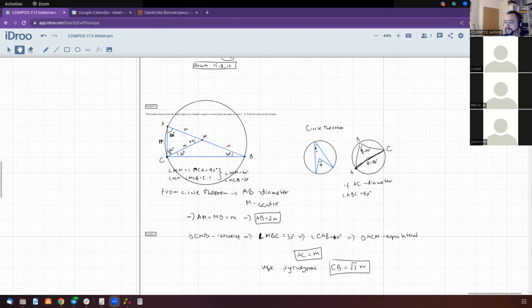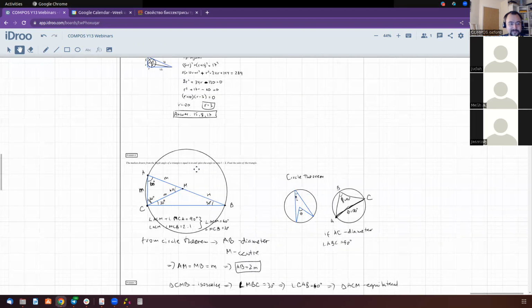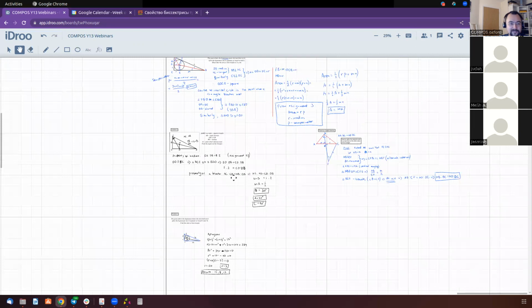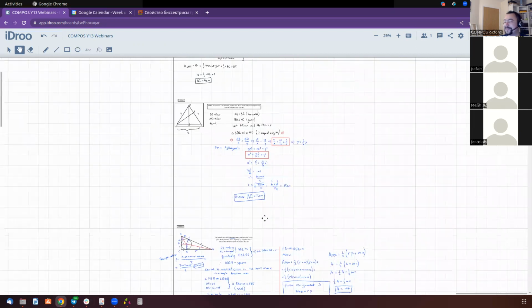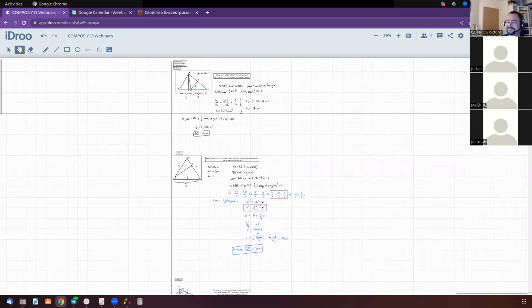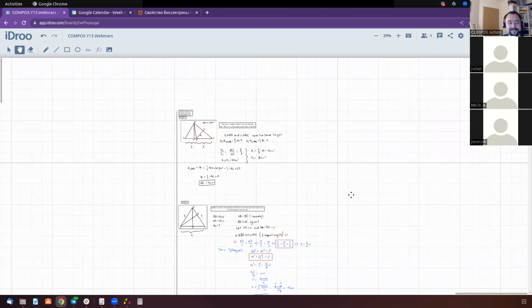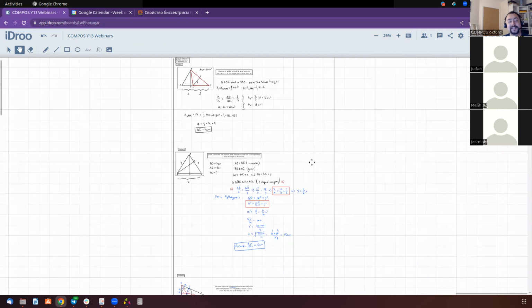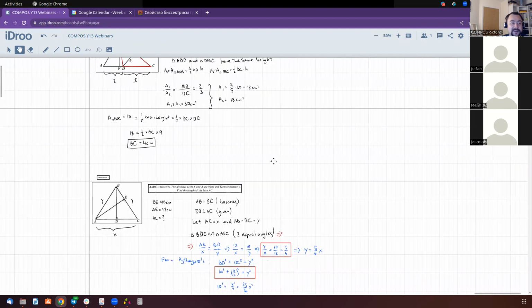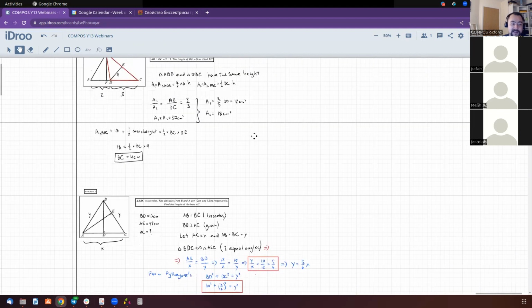Can I just ask a quick question? How do you prove, what was that formula for the area of a triangle? A equals the semi-perimeter, that one. It's in the assignment. It's one of the problems. I've never heard of it before. Well, it is an unusual one. There's another formula that you will consider.